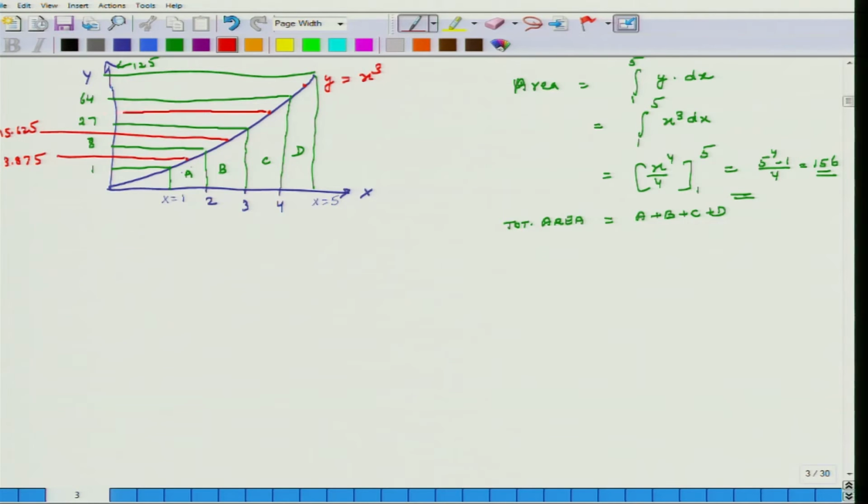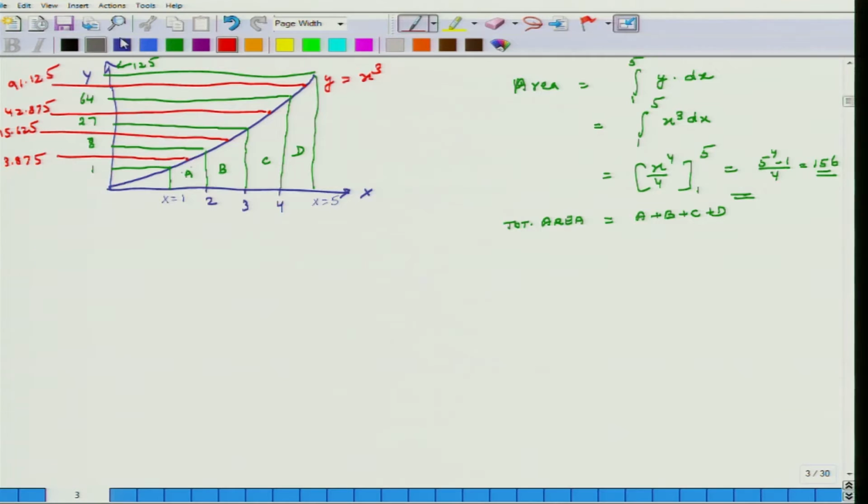The third middle point is 3.5 cube, so that is 42.875, and the fourth middle point is 4.5 cube, which is 91.125, and we will see why we need these midpoints.